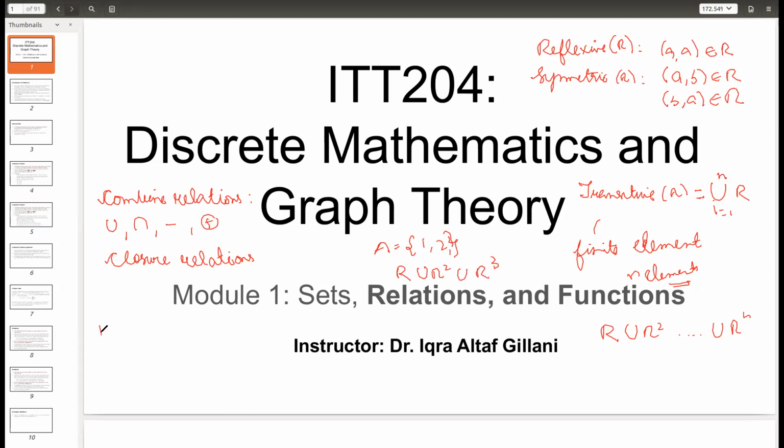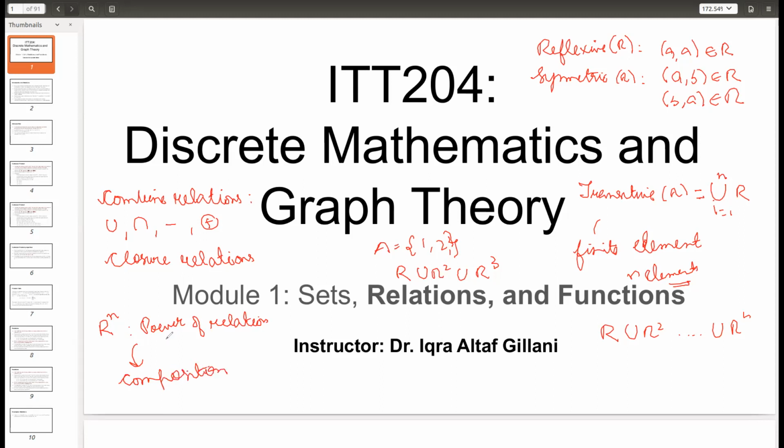And how do we get these powers of a relation? How can we find the powers of a relation? Yes, this is something we also discussed yesterday. We generally find the powers of sets using Cartesian product. Do we find it using Cartesian product for relations? No, we find it using, very good, composition of relations.